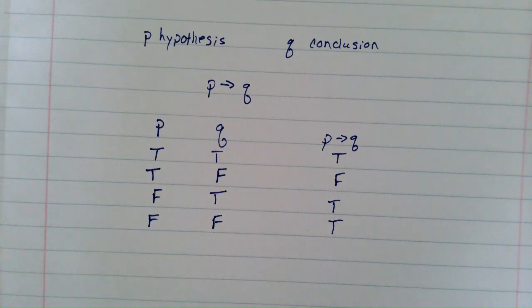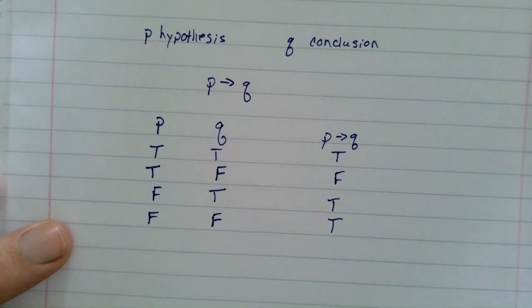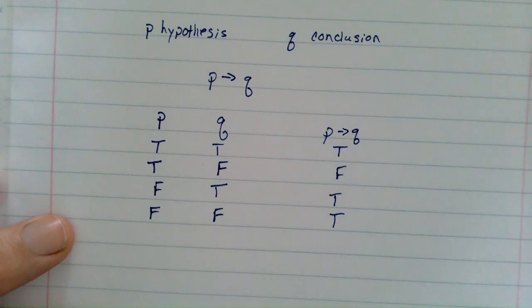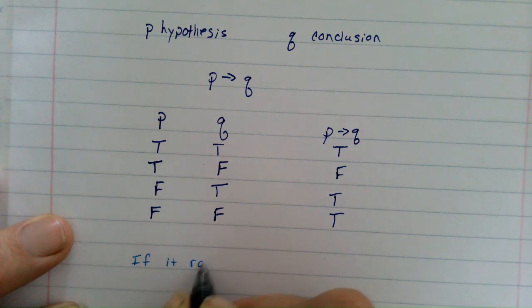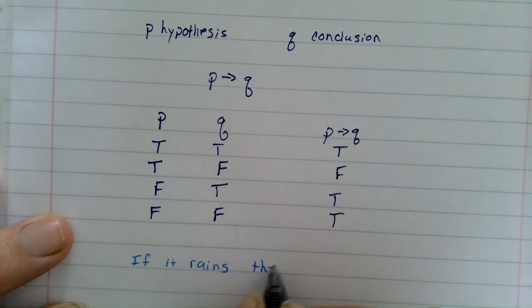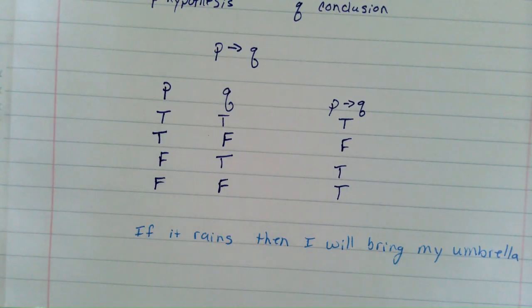Okay? So think of it this way, maybe not so much with the game. If it rains, then I will bring my umbrella. Okay, so I want you to think, can you catch them in a lie?